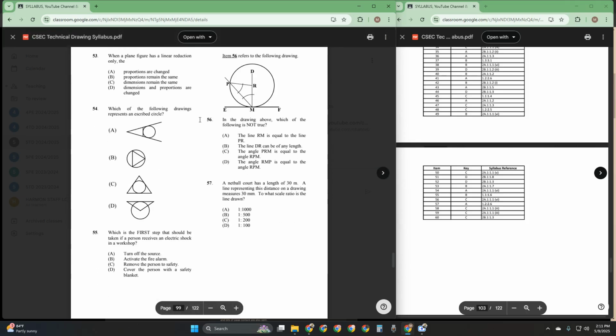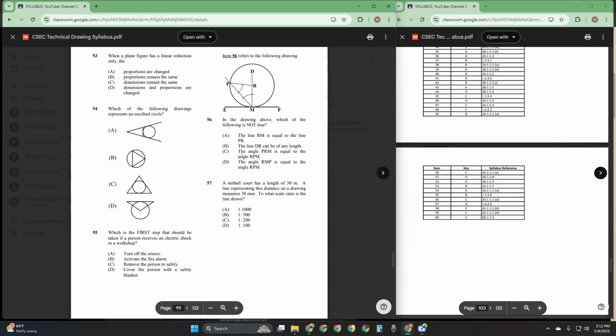56. In the drawing above, which of the following is not true? All right, so this is the drawing. The line RM is equal to the line PR, okay? The line DR can be of any length.